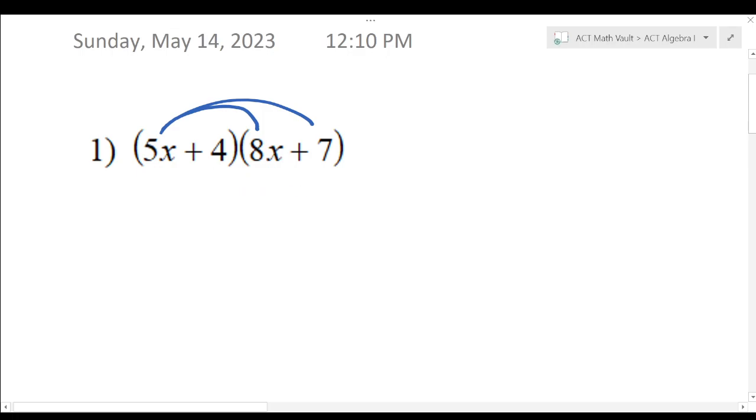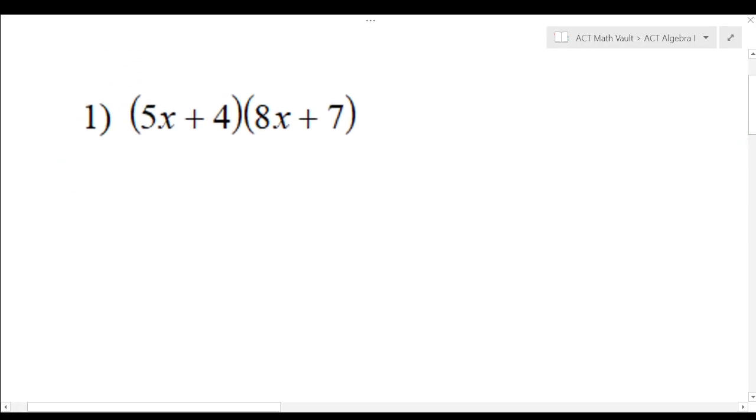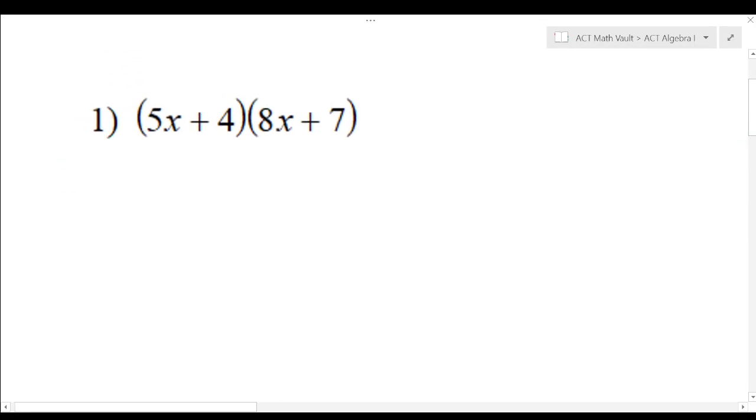After the problem is finished, you just need to make sure that all of the pieces were connected. Not the 5x with the 4, but you need to make sure that you have every combination of numbers multiplied from one set of parentheses to the other.